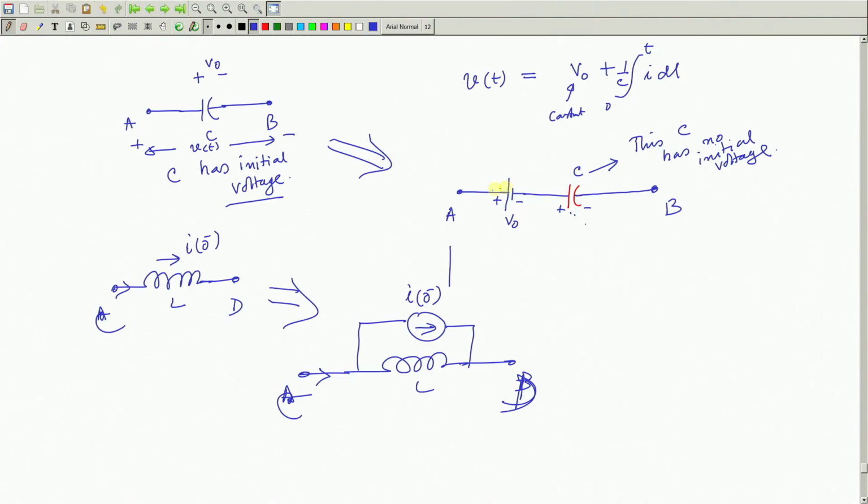Welcome to lecture number 18. In our last lecture, as you know, I told you how to translate an inductor with initial current into a linear inductor in parallel with a current source, and similarly a charged capacitor can be translated into an uncharged capacitor in series with a voltage source, like this A and B. You have to invoke a battery.